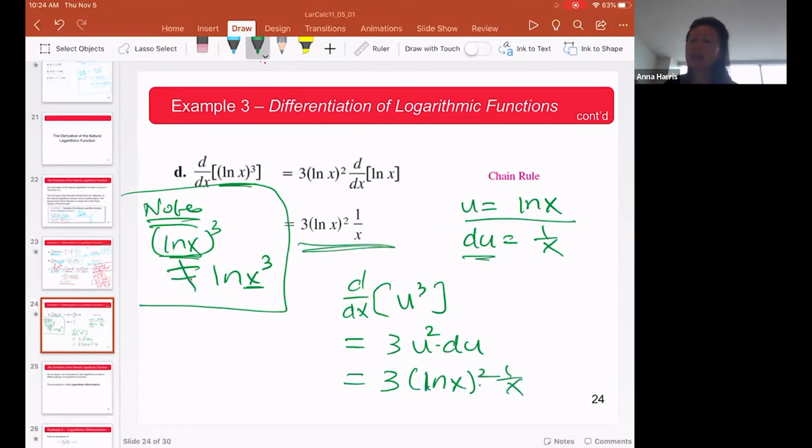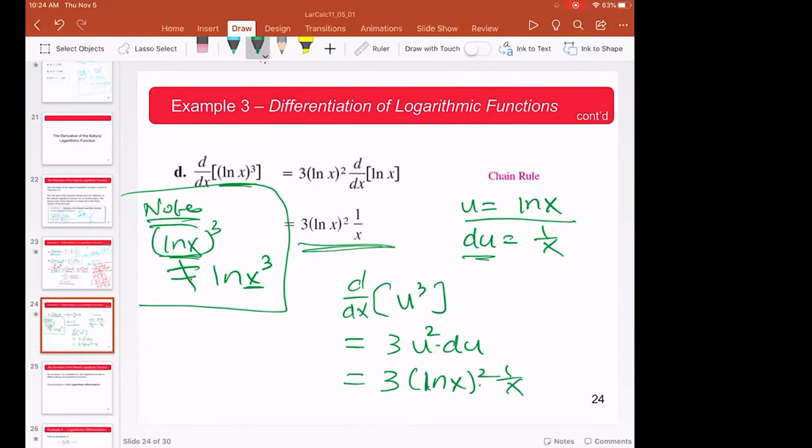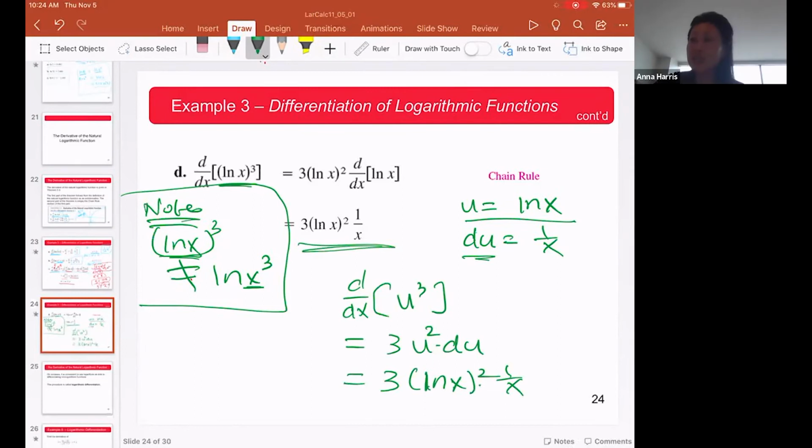That's why you have this. First, when I did my problem, I made a mistake because I was looking at it like this instead of looking at it like that. Okay?